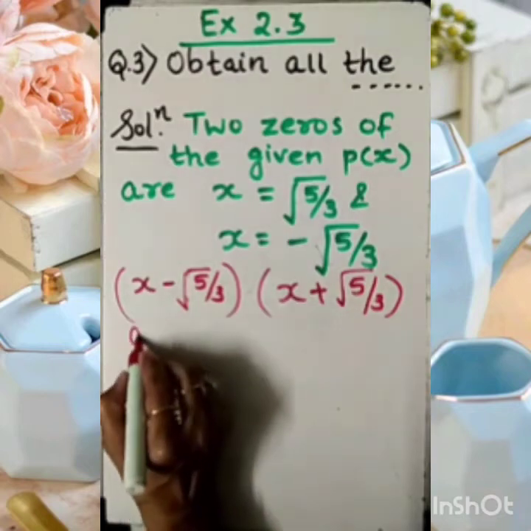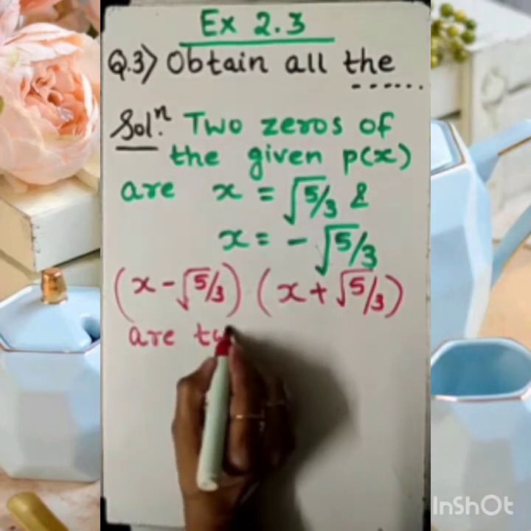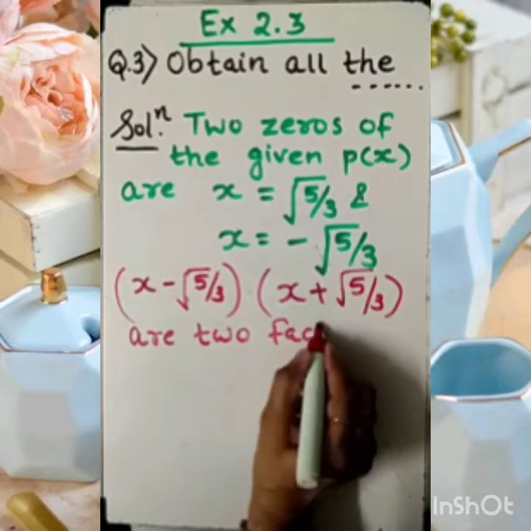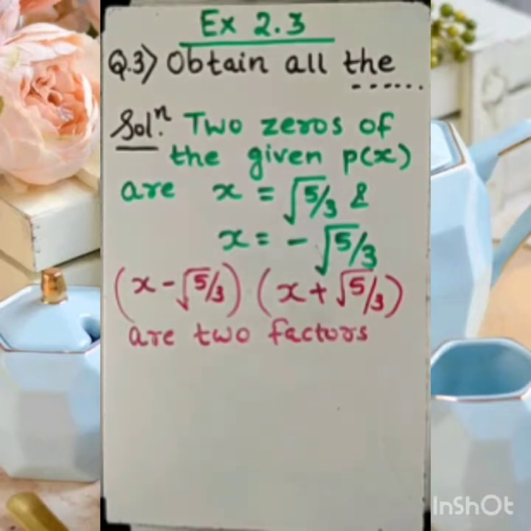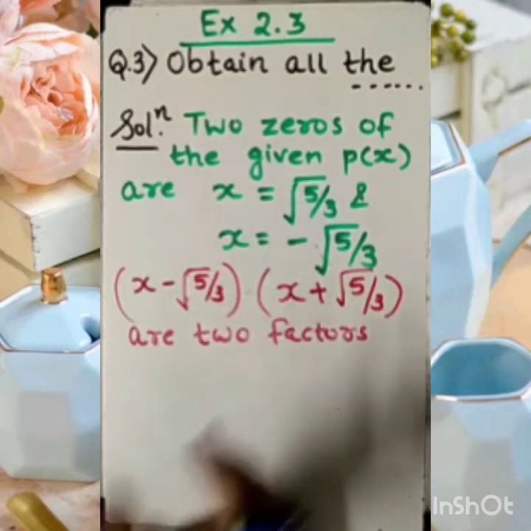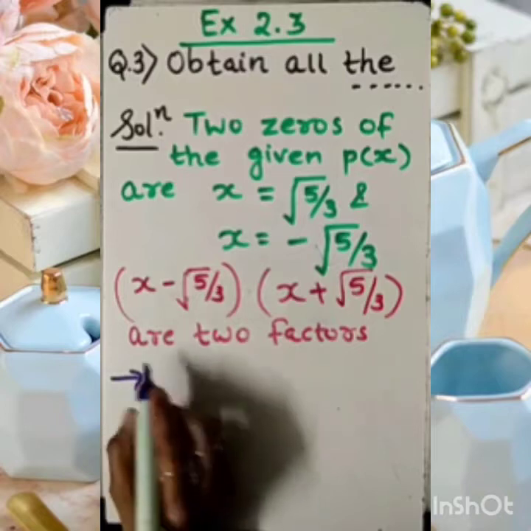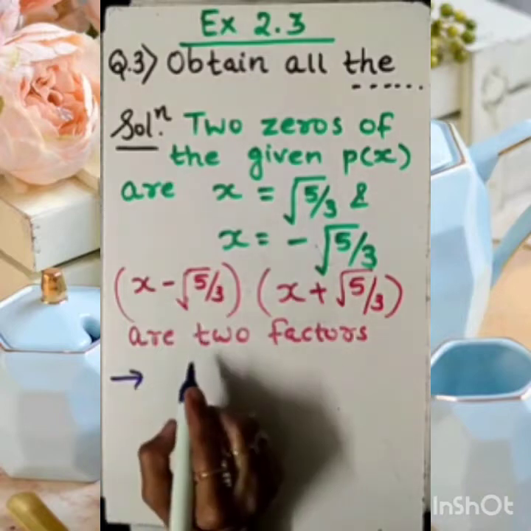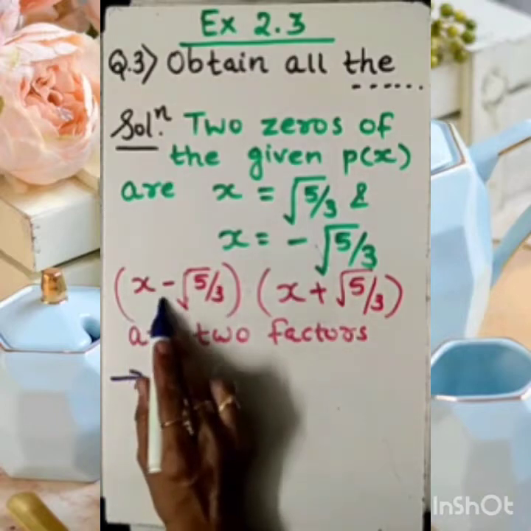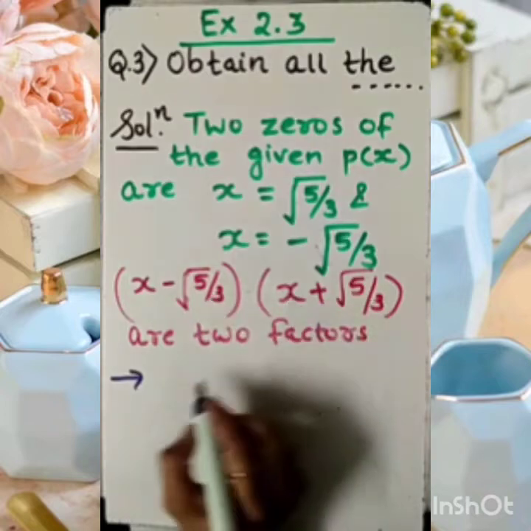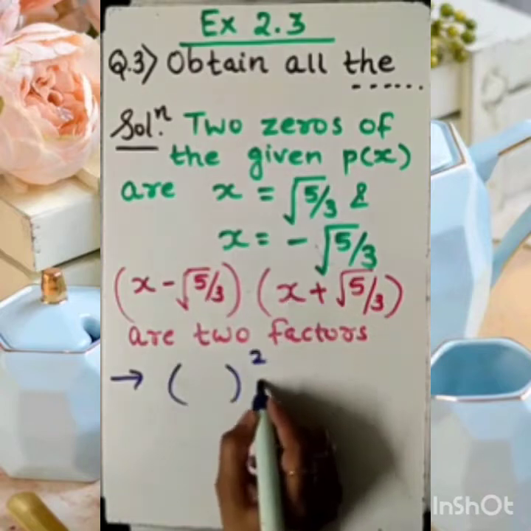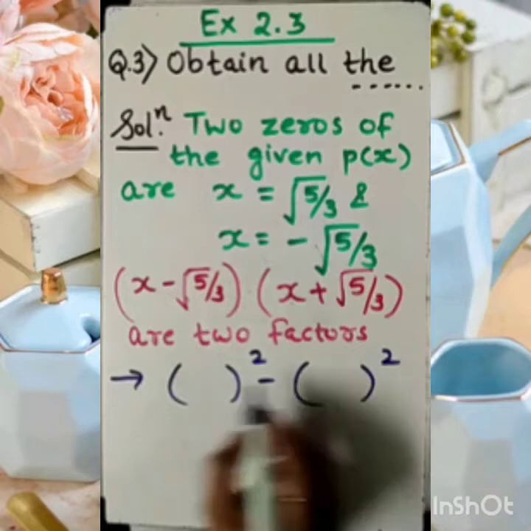These are the two factors of the given polynomial p(x). But if I combine both of the factors, then apply the identity (a minus b)(a plus b), it indicates a square minus b square.